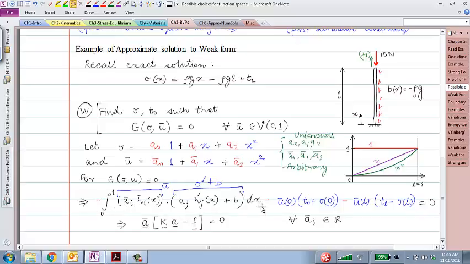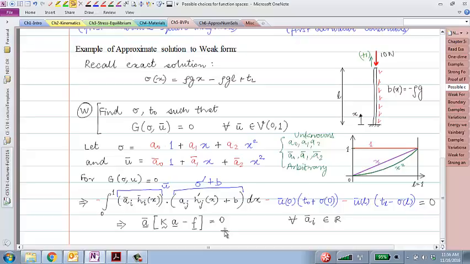And I added the boundary terms, and now if I say that this must go to 0 for all possible a0, a1, and a2 bar, then what I get is something like an equation that you might have seen before. I can express this integral form of the functional as some vector times this value.